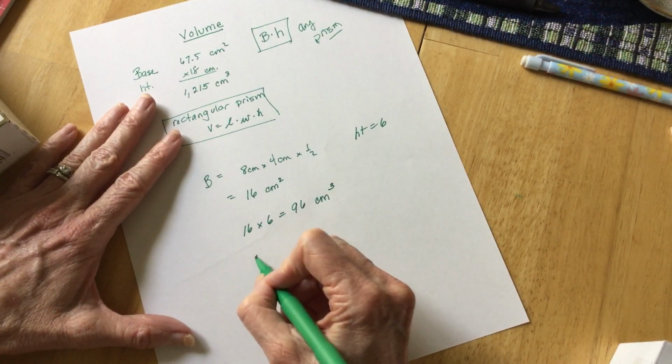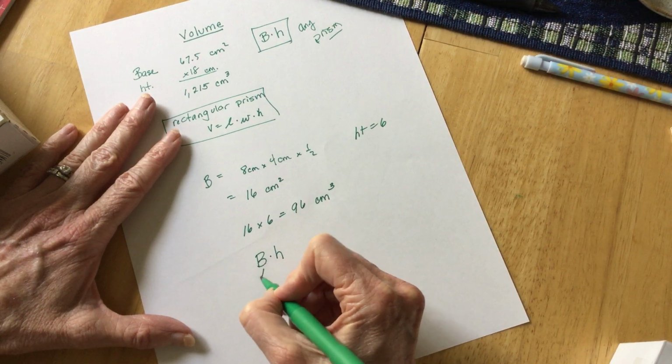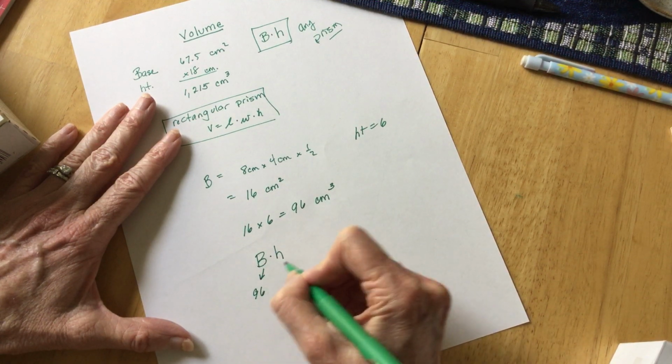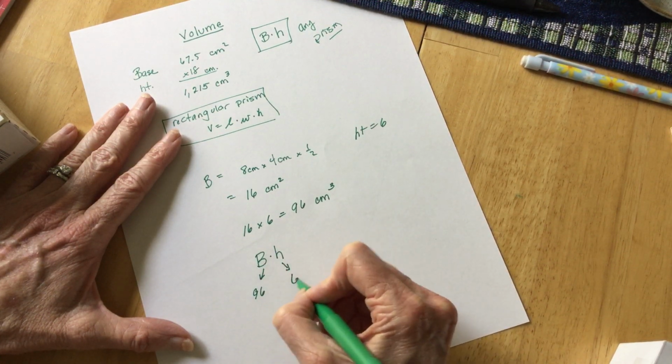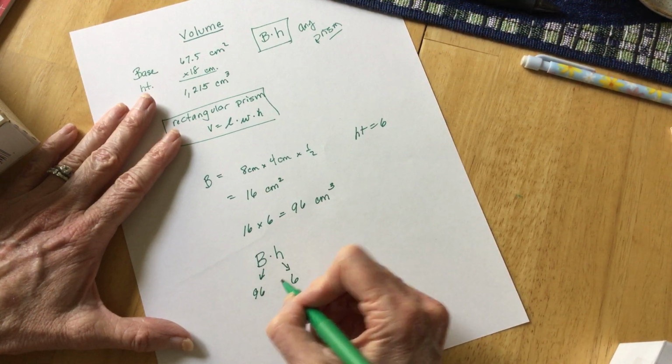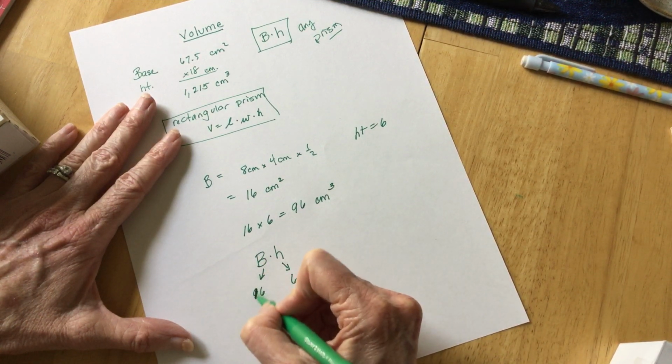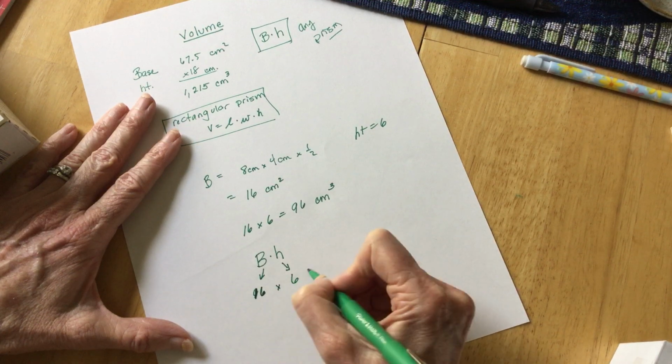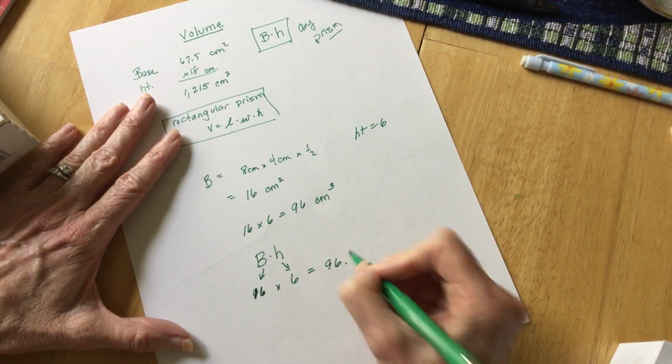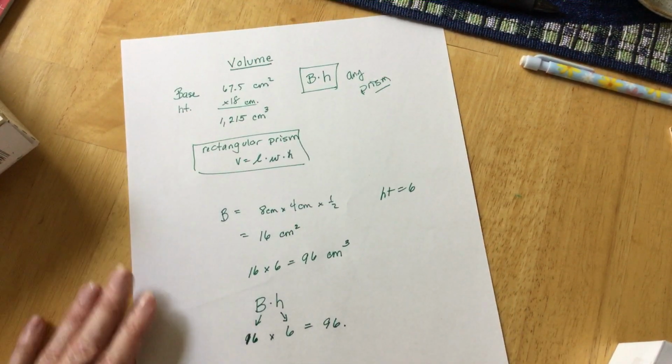So again, it was base times height. The base area was 16, the height was 6 centimeters, and I multiplied them together and got 96. So again, that's volume.